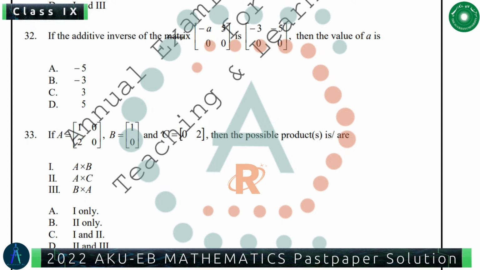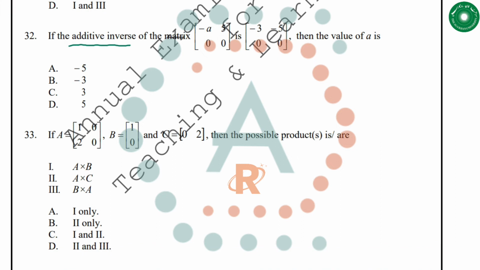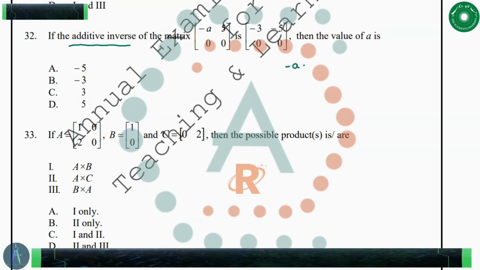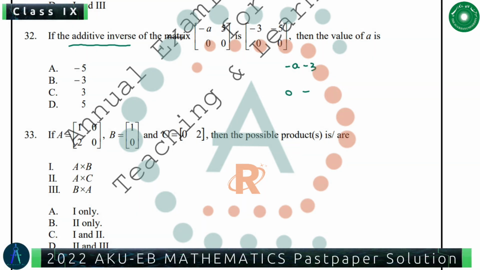If the additive inverse of this matrix is this, then what will be the value of A? So additive inverse का मतलब है if we take the sum of these two matrices, the result will be 0. So minus A minus 3, 0 plus 0, 5 minus 5 and 0 plus 0.